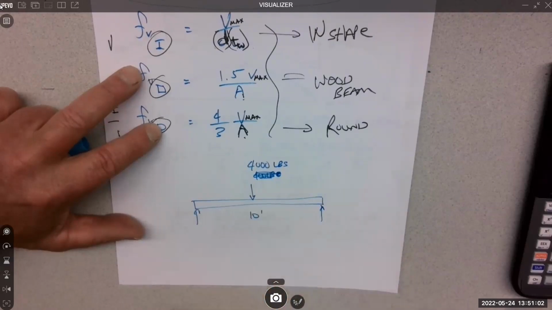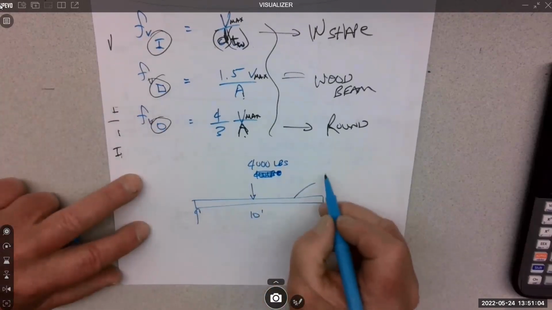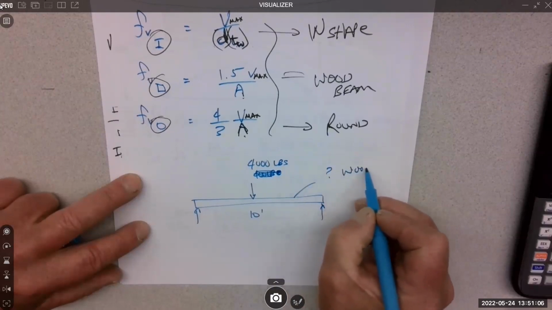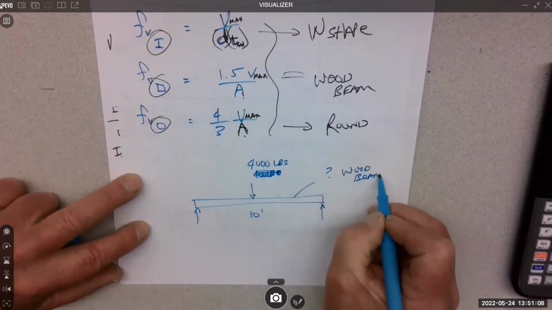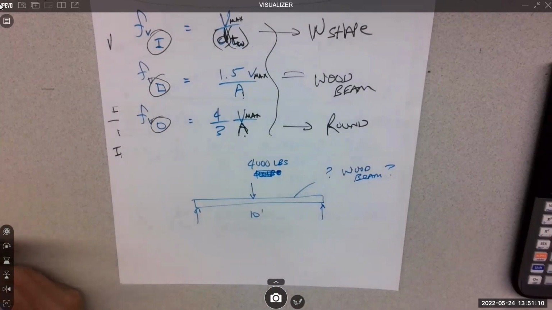I'll say it's 10 feet. And I want to know, like, wood beam, how big? That's design where I got to know what material I'm working with. Wood, steel, whatever. But I don't know the size. Like, how big of a beam do I need here?